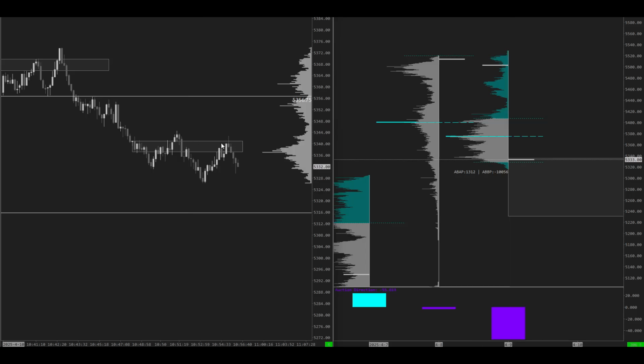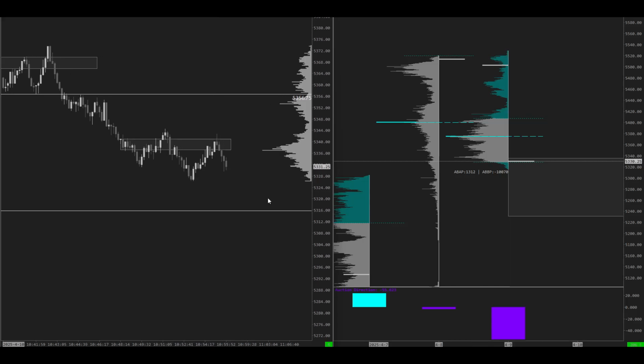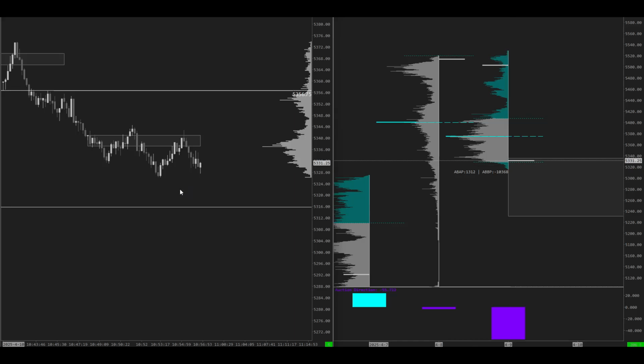We want those lower highs to be intact and take this low out. So lower high, lower low, lower high. Lower low, lower high, lower low, lower high, and then we're going for another lower low.